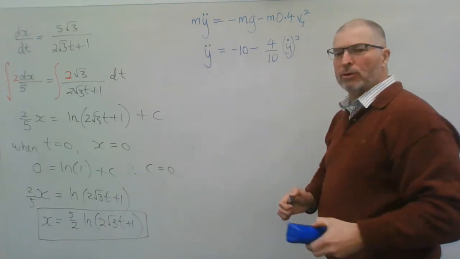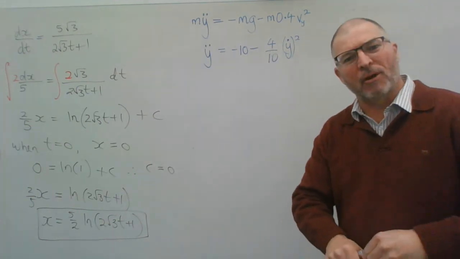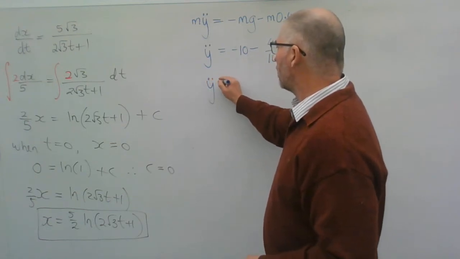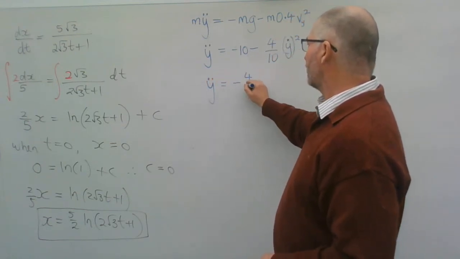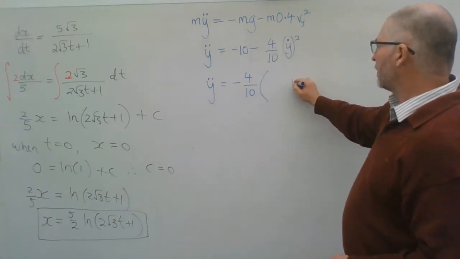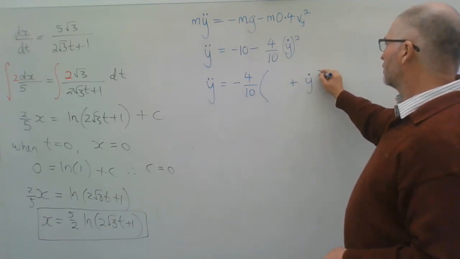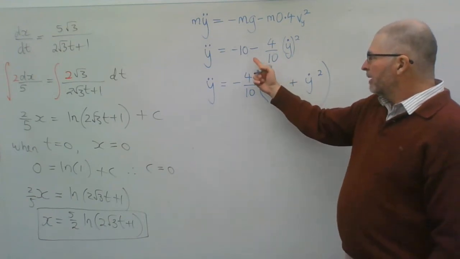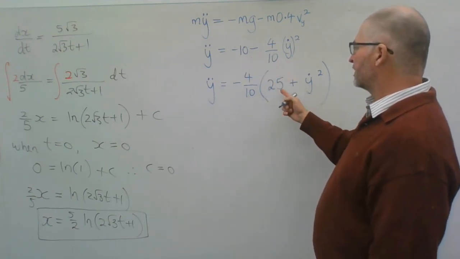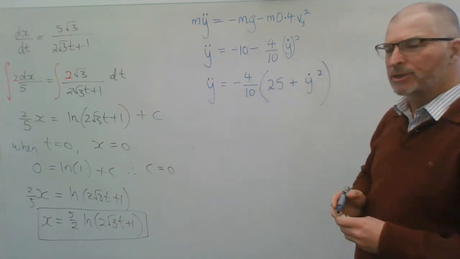The reason I'll do that is I'm going to factorise 4 over 10 out of this. So y double dot equals minus 4 over 10, well, that'll be plus y dot squared. That'll be 25, because that'd make that minus 10 over 10, which is minus 10.